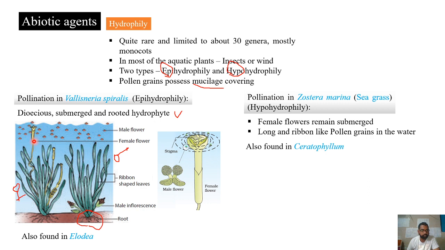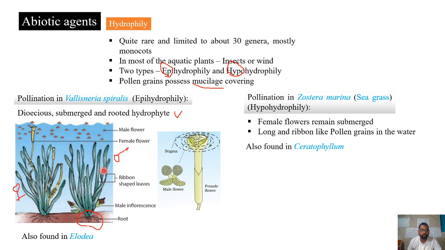The female flower before fertilization will be on the surface of the water. The flower will be arranged on the surface of the water because of the long stalk that it possesses. The female flower has one long stalk, because of which it is present on the surface of the water. Now the male plant, here this is the male inflorescence.